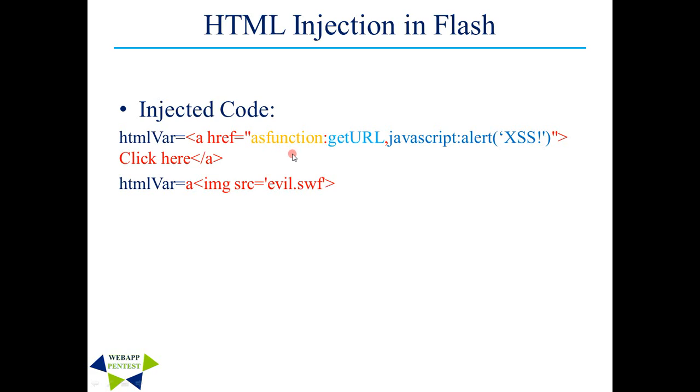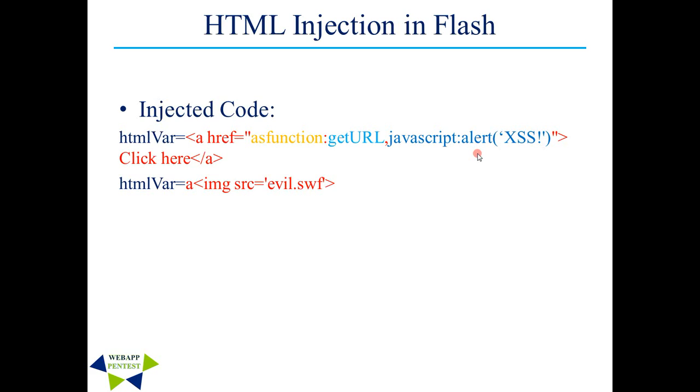The asfunction allows an href to call an ActionScript function, that is getURL, followed by the argument javascript colon alert. When this code is interpreted by the Flash application, asfunction will call the getURL function of ActionScript and execute the JavaScript alert XSS.